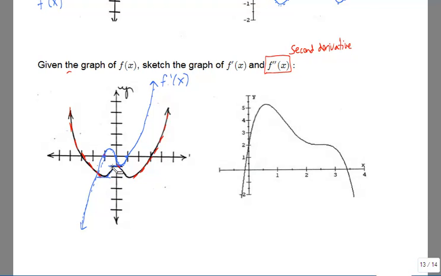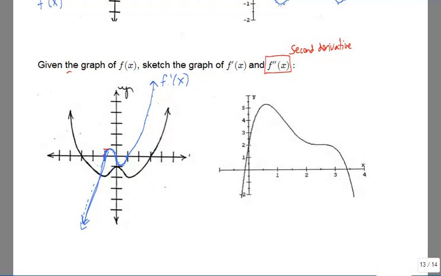Alright, now let's repeat that whole process again, but now we're going to do it on this blue graph. We're going to take the derivative of this blue graph, and that will be what we call the second derivative. So let's look for the peaks and valleys of this blue graph.